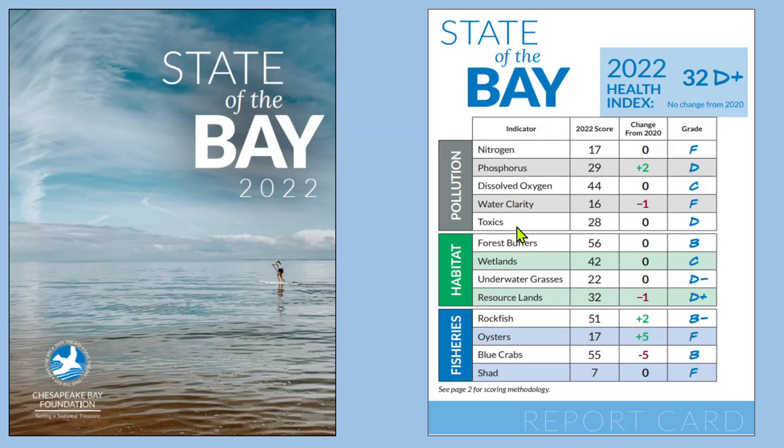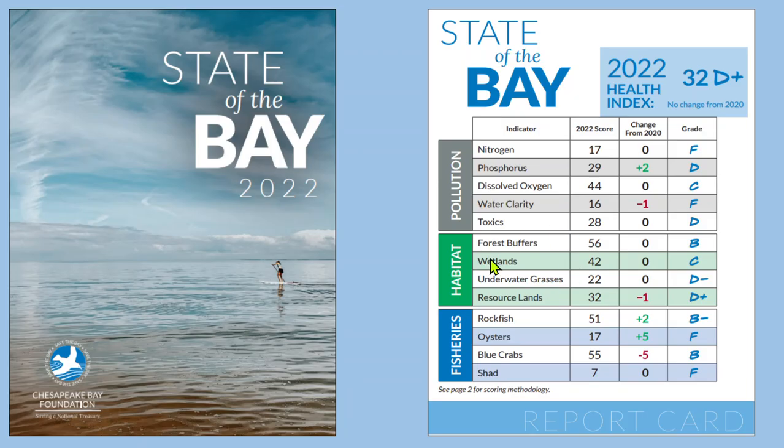We do have toxic chemicals that have gotten in. We have a D. There are forest buffers. This is a good thing, right? If we can put some forest buffers that have trees and bushes and grasses and things with roots, that's good. That's a good way we can help try to filter the water. And wetlands, that's going to be areas that are wet and have tall grasses growing up out of the water. We have underwater grasses. We have resource lands near the waters.